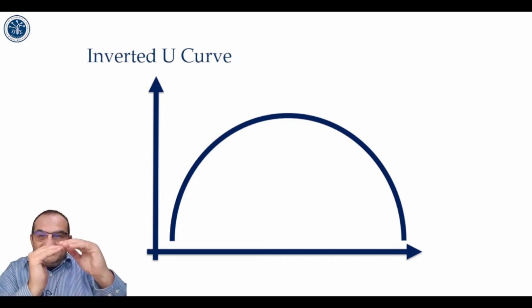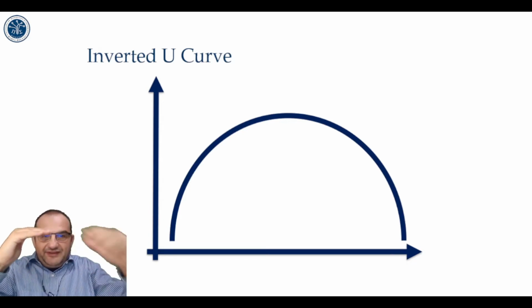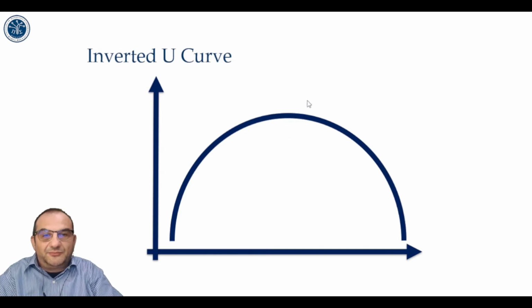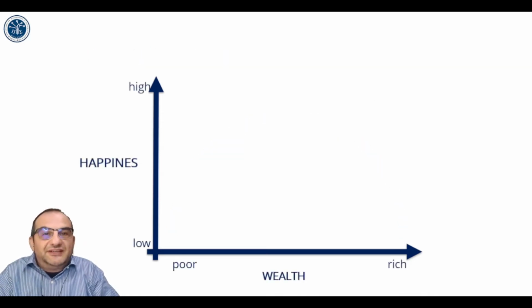But there is a sweet spot somewhere there, somewhere here on top of this curve. And after passing this sweet spot, consuming more resources could affect our benefits in a negative way. So let's take an example, like the relationship between wealth and happiness.